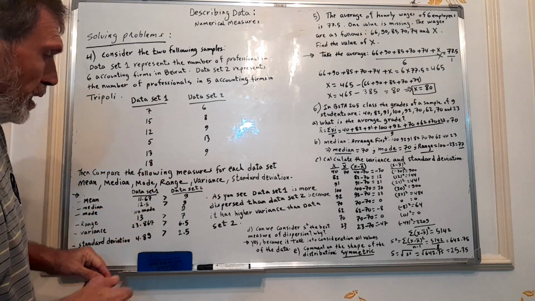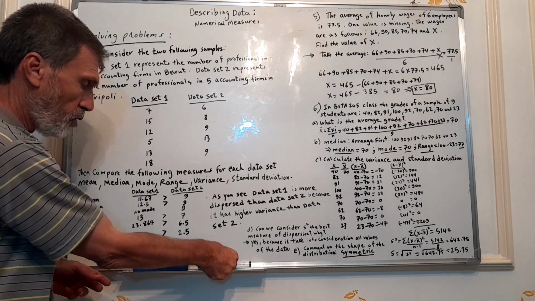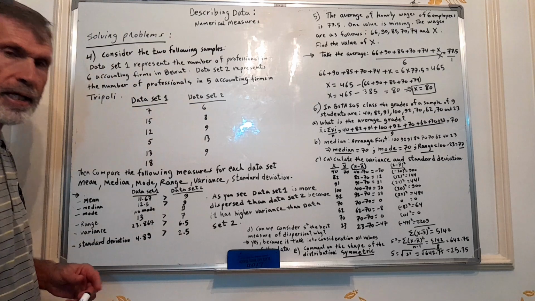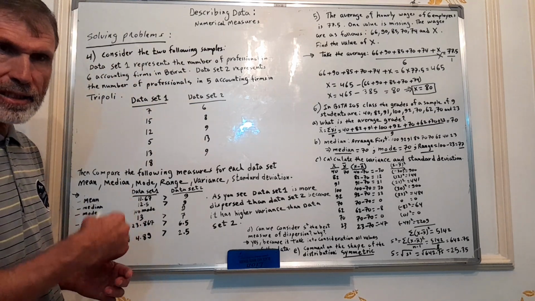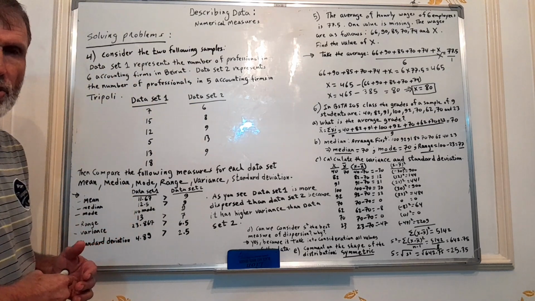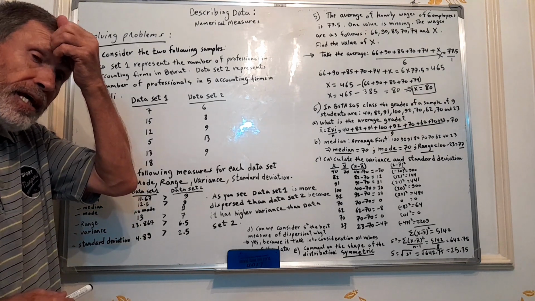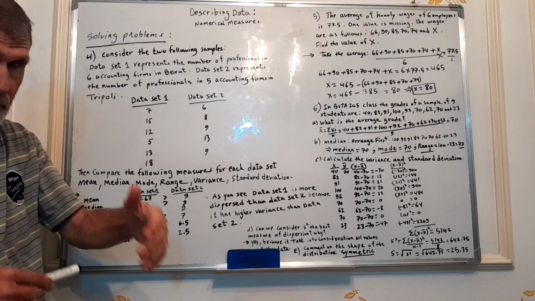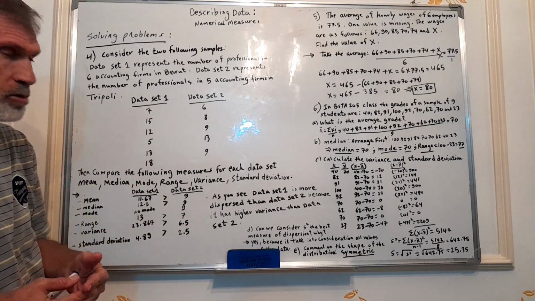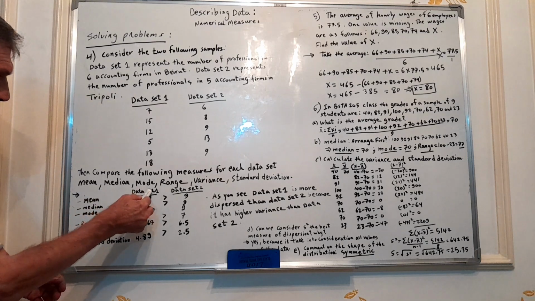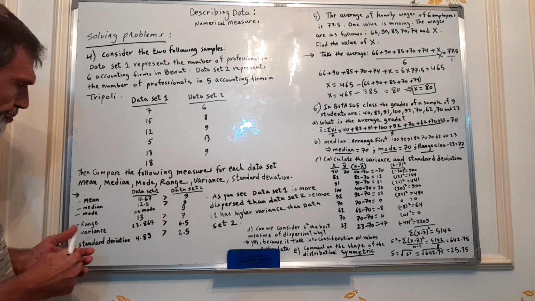So, as you know, we have already discussed how to calculate the variance in a previous problem. So here, I will just state the answer, and I will explain how we calculate that one. So, of course, we have the mean, data set 1, data set 2.